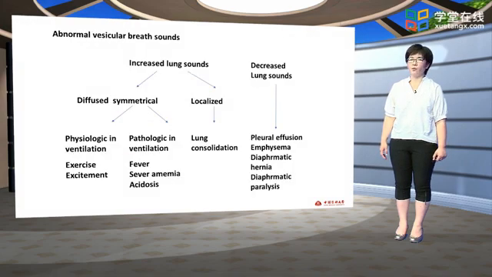So we have abnormal lung sound. Some have increased lung sound and some have decreased lung sound. There are different reasons for the increase, like diffuse, symmetrical increase, such as physiologic increases in ventilation, like exercise, hypoxemia, excitement, and pathologic increases in ventilation, like fevers and severe anemia.